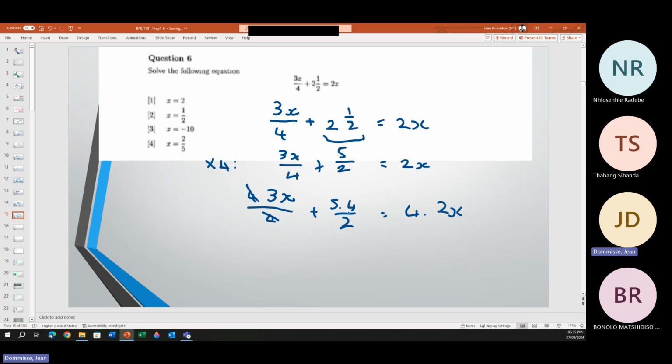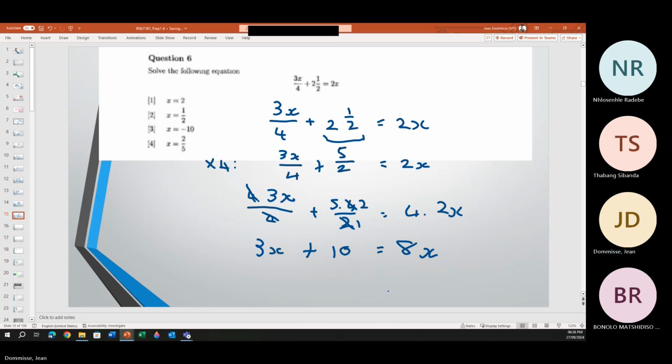Okay, so you can put everything over the 4, or you can basically get rid of that to make it simpler for you to work with as well. So the first one is 3x. Then if we simplify this, 2 goes into 2 once, 2 goes into 4 twice, so we sit with 10 there, and we sit with 8x.